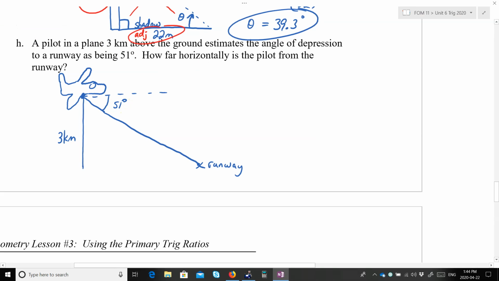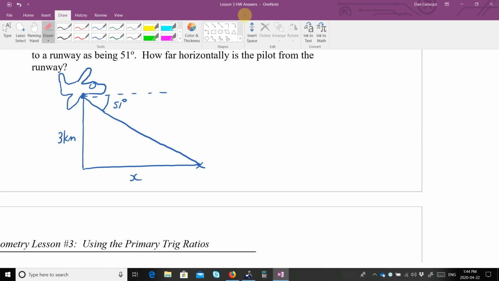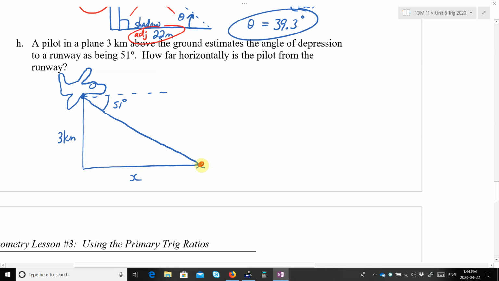How far horizontally is the pilot from the runway? So we want to figure out this distance here, x. And the runway will be this nice red thing here.